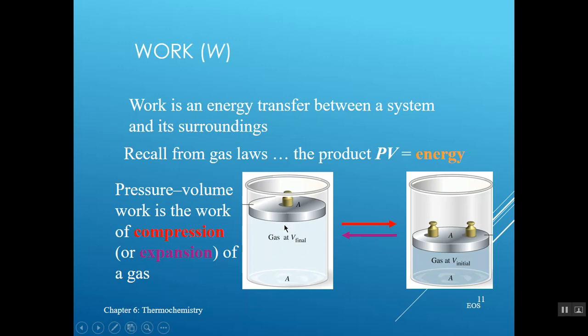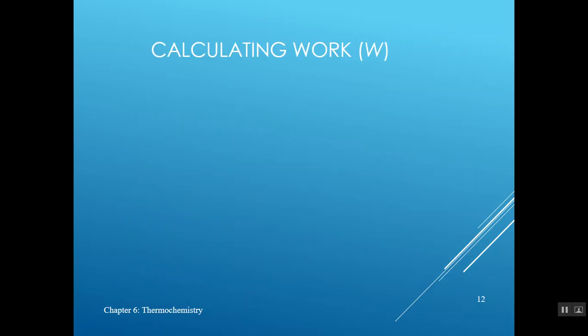Going in the other direction, if the gas is expanding, then the gas is actually doing work against the surroundings. So in the compression direction, the surroundings are doing work on the gas, while in the other direction, the gas is doing work against the surroundings. We're going to look at the equations that we can derive based on those observations.